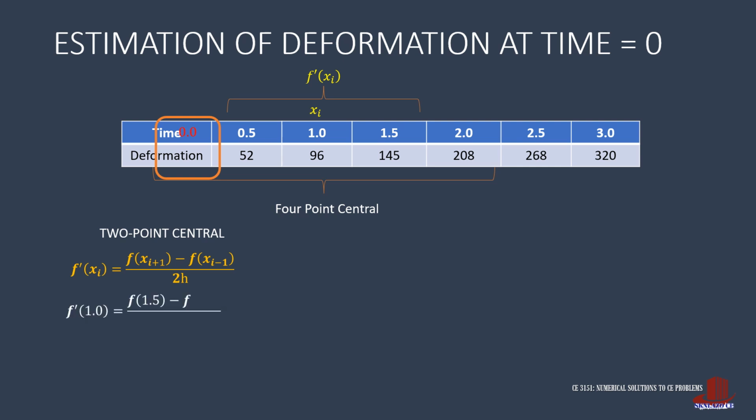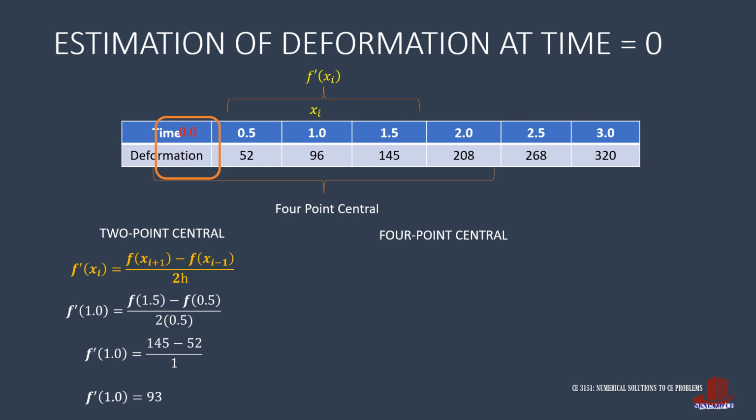Adopt the dataset into the function, and we get f of 1.5 minus f of 0.5 all over twice of 0.5. Now plug the values and get f prime of 1 as 145 less 52 all upon 1, which is simplified as 93.